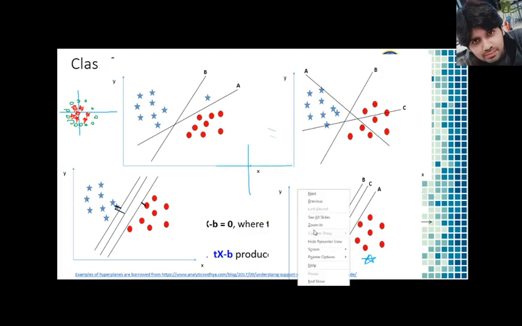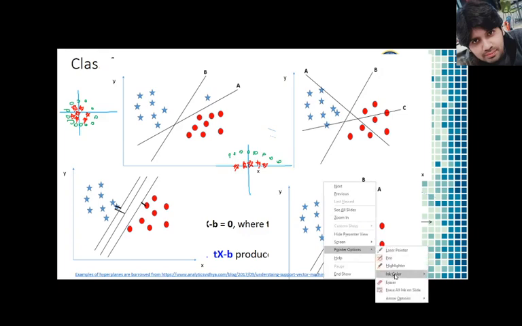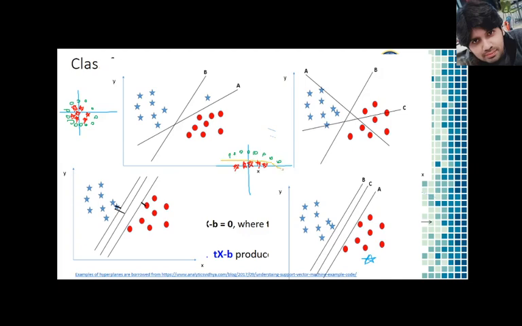So if we have it like this, what it will do is arrange the circles like this and the stars like this. Sorry, I am using a mouse, so my drawing would not be as good as it is by hand. So similarly like this. In this case, we can actually make a good hyperplane like this.